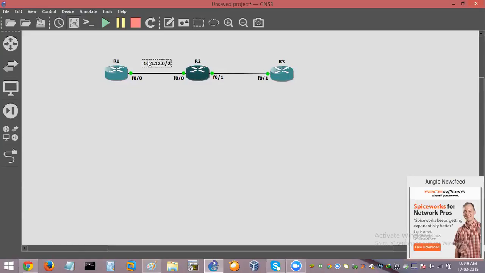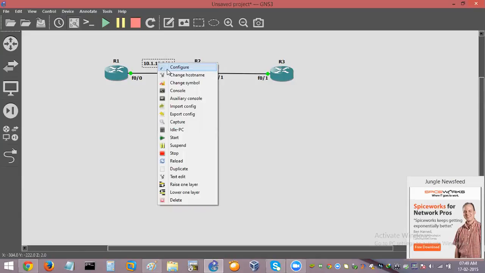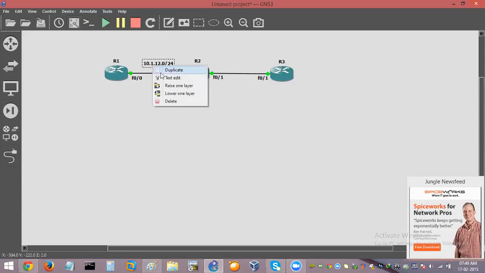I'll take the 10.1.12.0 subnet between R1 and R2, and 10.1.23.0 between R2 and R3.